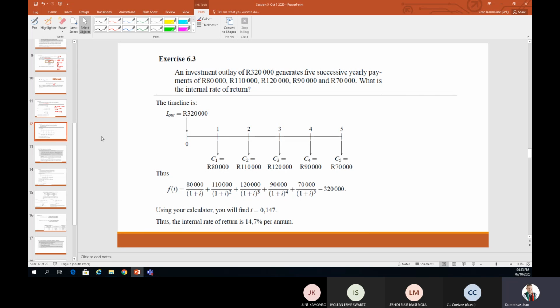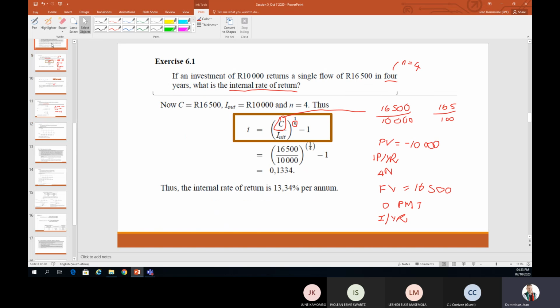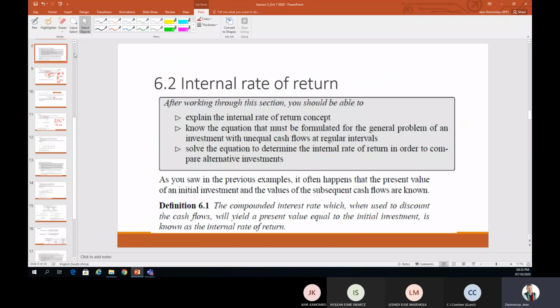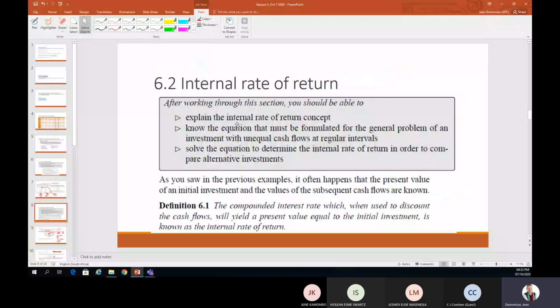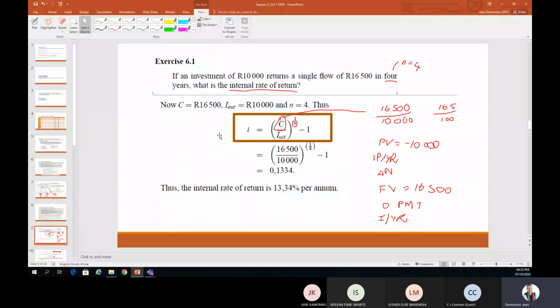So the next one, and for me it's interesting, is the average rate of return. There's basically one method of doing it. But if you look at the internal rate of return, here we had a present value and a future value.